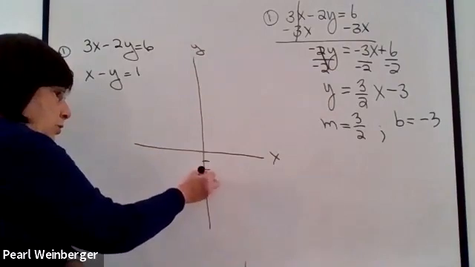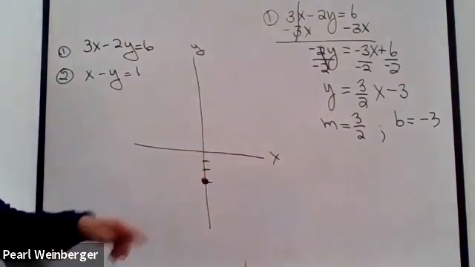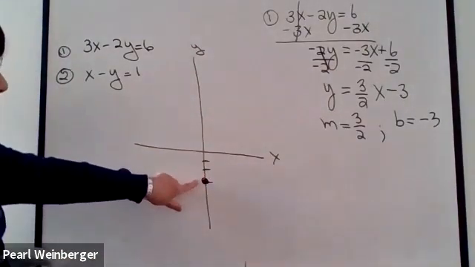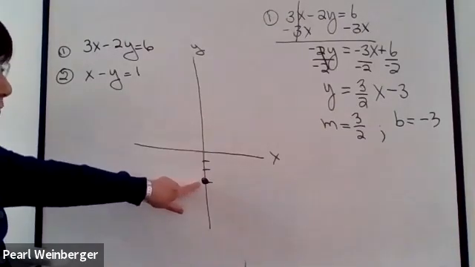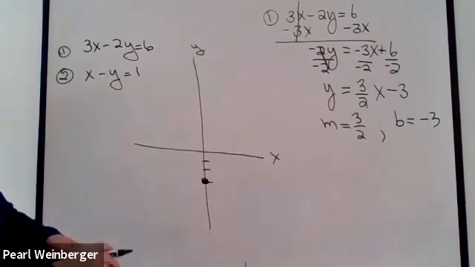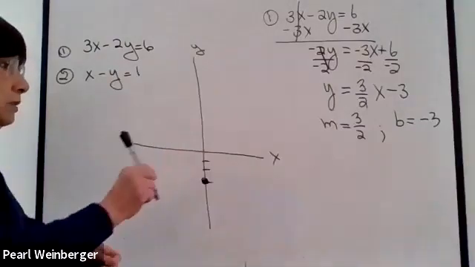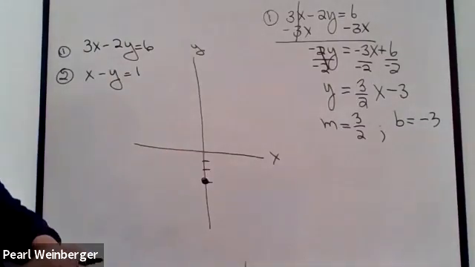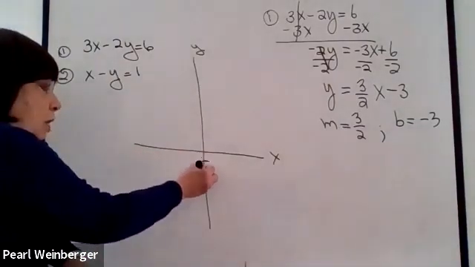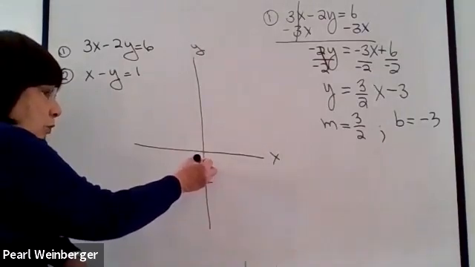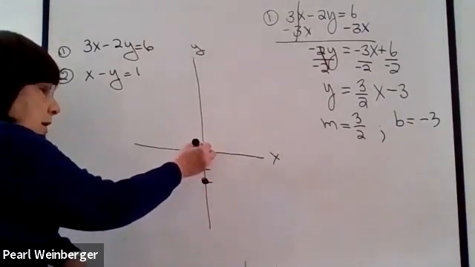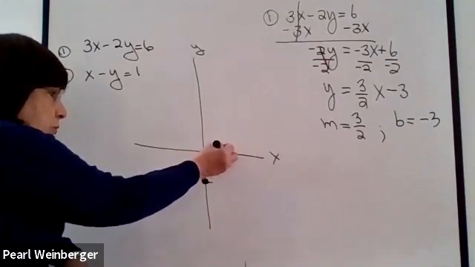When we're going to do the graph, we always start at the y-intercept, which in this case is negative 3. So we go down 3. And then, since my slope is 3 over 2, from here we rise 3, go up 3, 1, 2, 3, run 2, 1, 2.